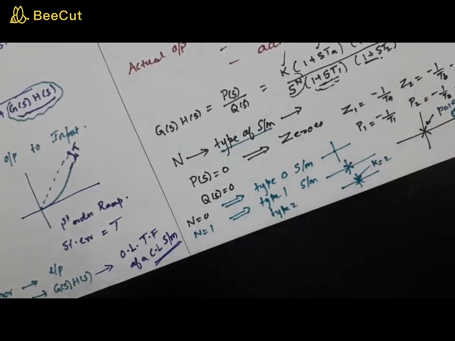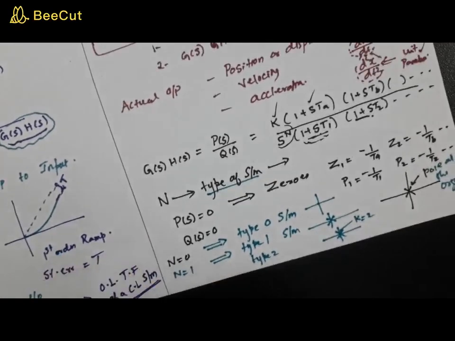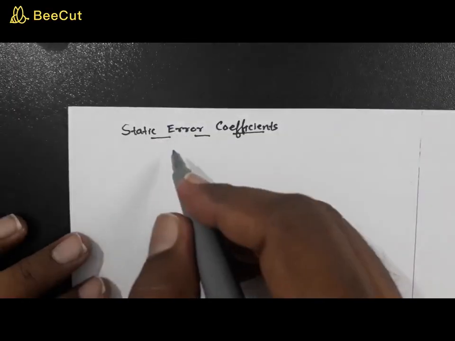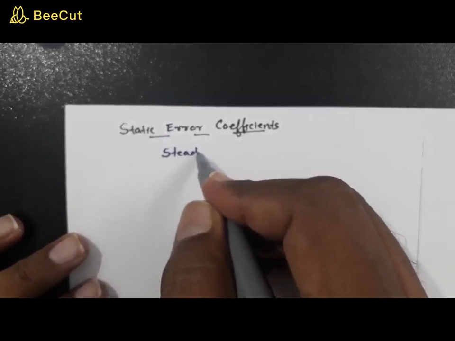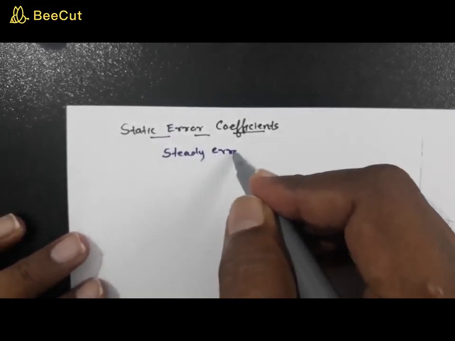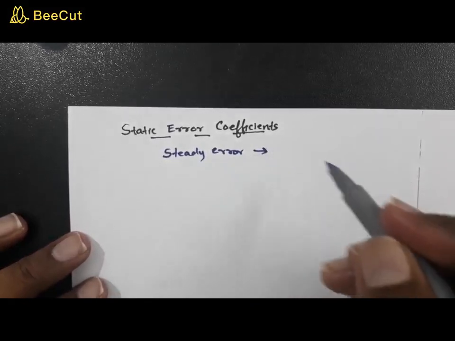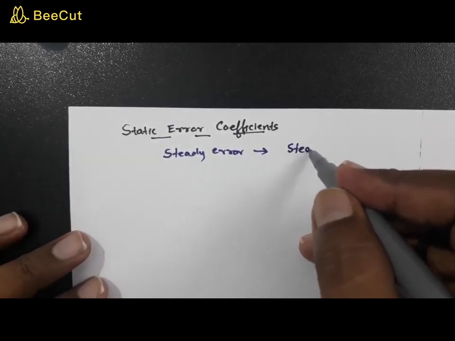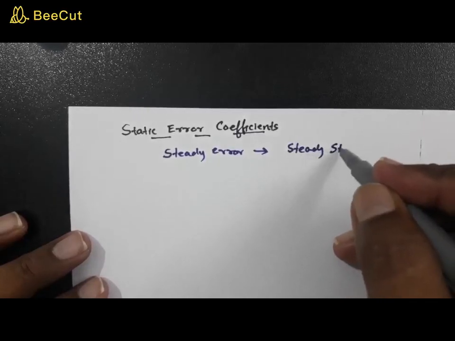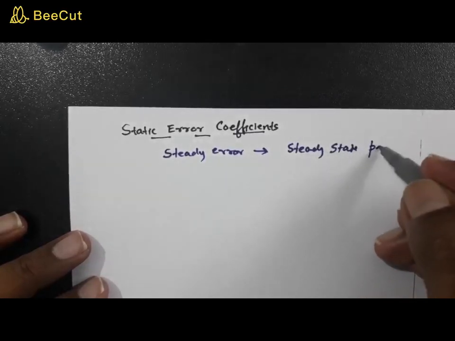So type refers to the number of poles residing at the origin. Is it clear? Now we have seen that steady state error is an error calculated during the steady state period.